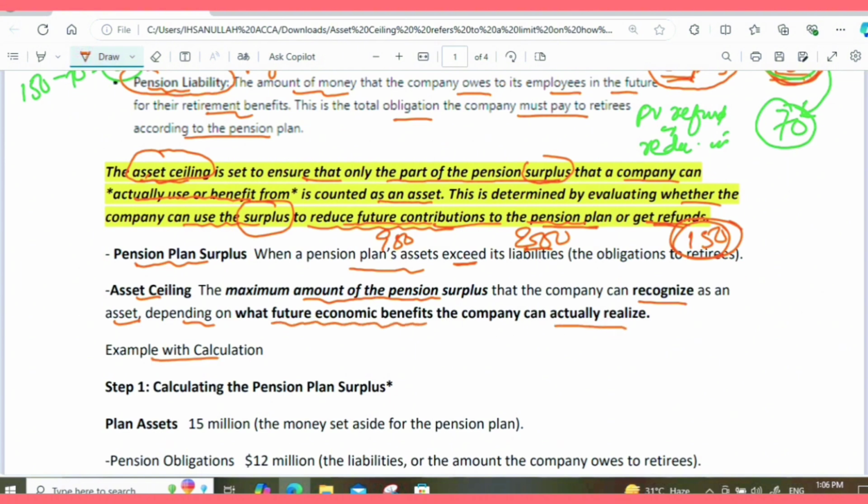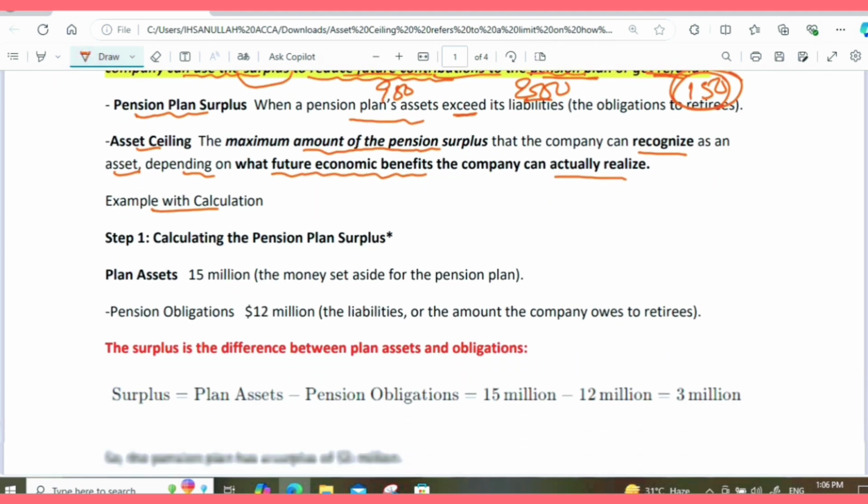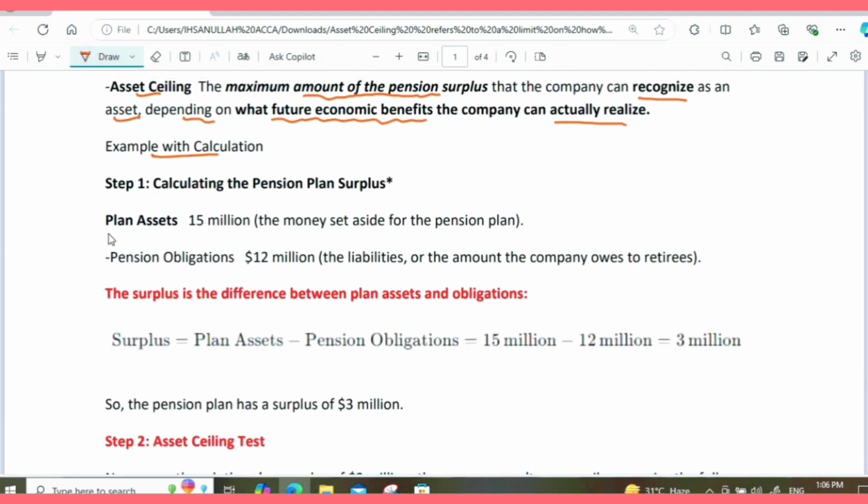Now let's talk about the calculation. Here you see the plan asset is 15 million, which means the money set aside for the pension plan. This is your pension obligation, 12 million, the liability which you will have to pay to your retired employees. Clear?